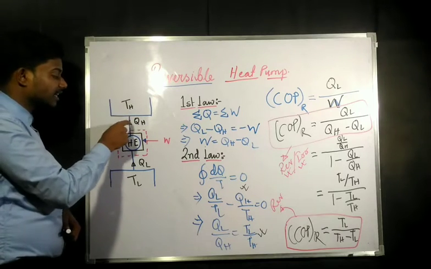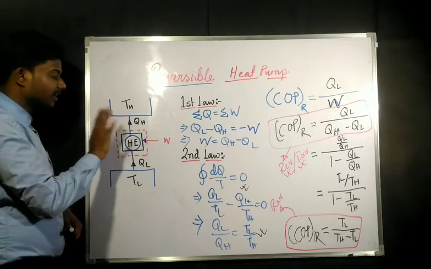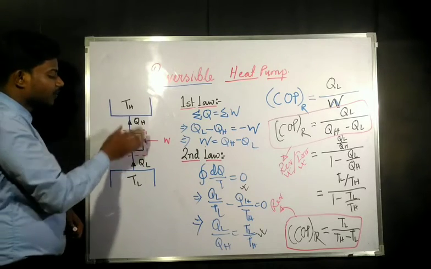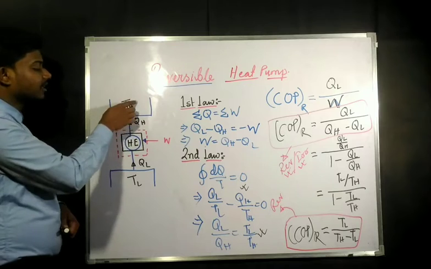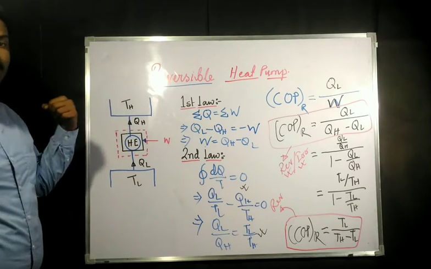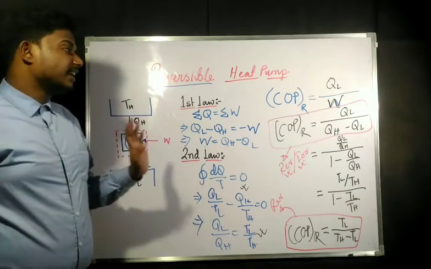We need to give continuous heat, so that's why we operate it on a cycle. This heat is continuously deposited in this reservoir and maintains that space at higher than atmospheric temperature.